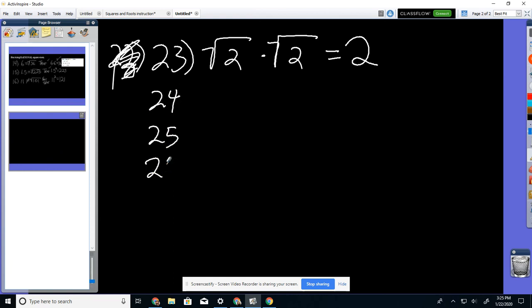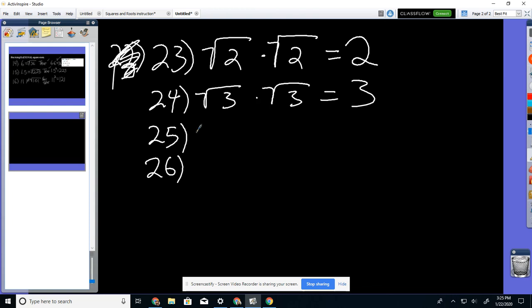24, 25, 26. Now 25 is hopefully going to help prove this point, okay? You should see square root of 3 times the square root of 3 is 3. Now here, square root of 4, because square root of 4 is a rational number, we know what the square root of 4 is. We know the square root of 4 is 2.